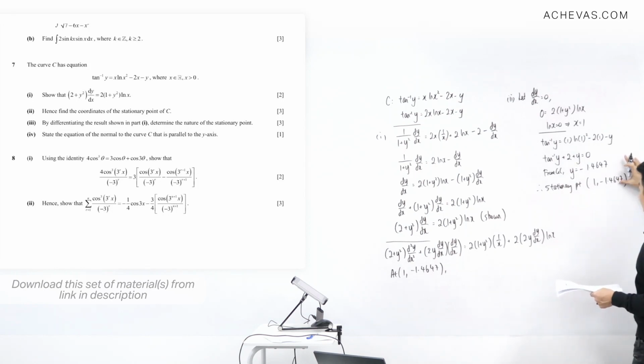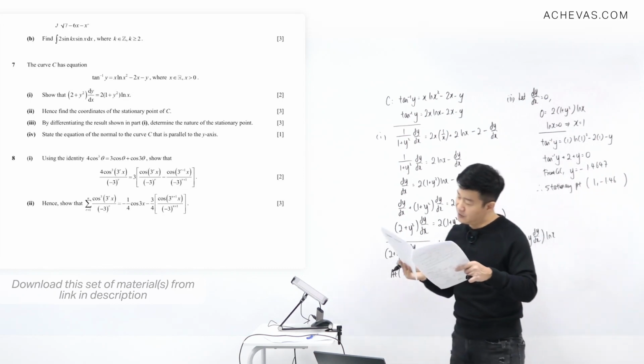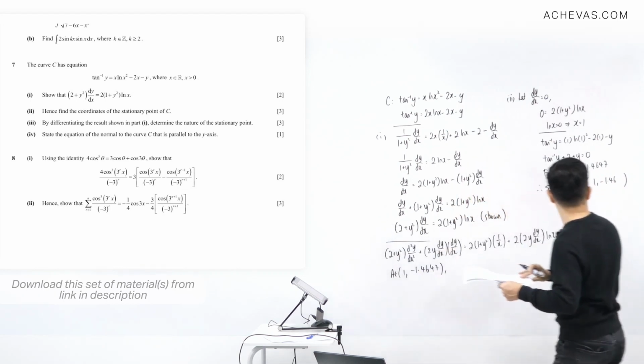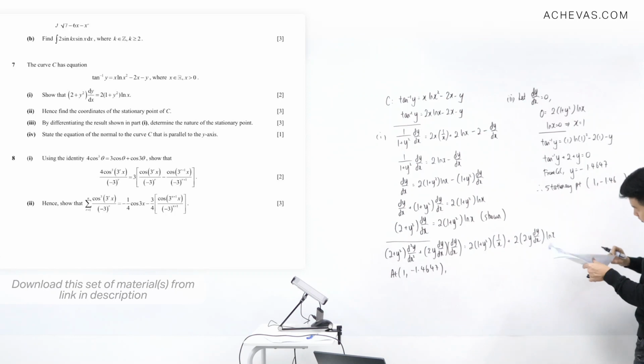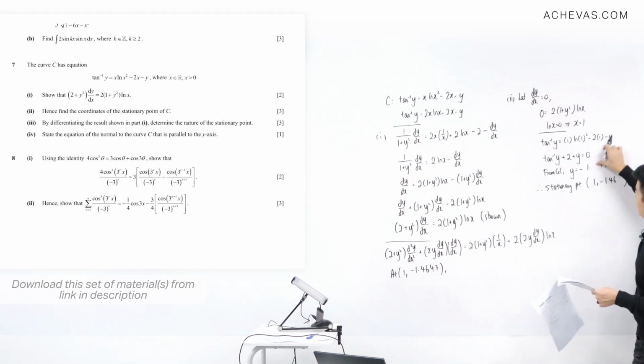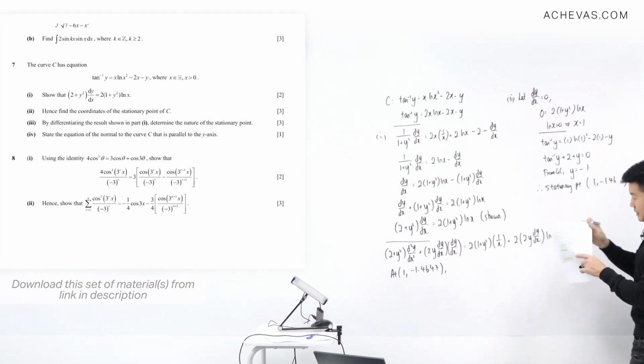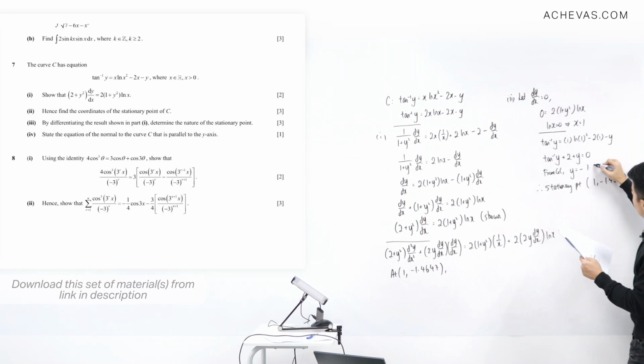So I'm going to go for negative 1.4, negative 1... Did I get this correct? Okay, this is incorrect. Let me correct this. This is negative 1.14647, my correction. So my answer here to 3 significant figures should be negative 1.15.